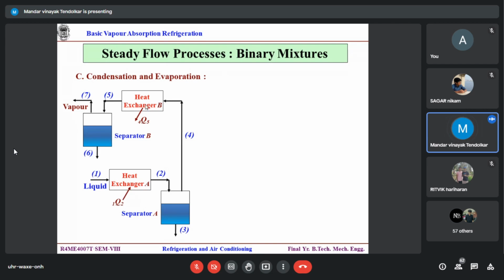Q4 should always be less than Q1. Why so? Because if it's more, then B could also start condensing. No, that only depends on the boiling points. More or less I can't say. That depends on the difference in the boiling points of component A and B. Not mandatory.